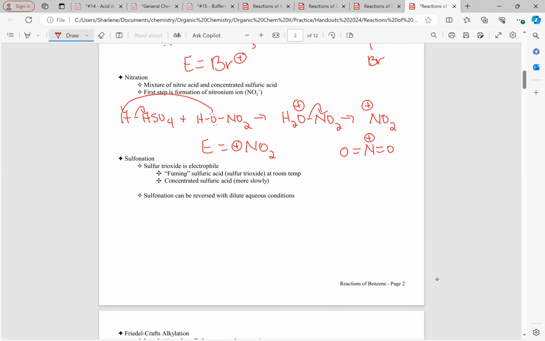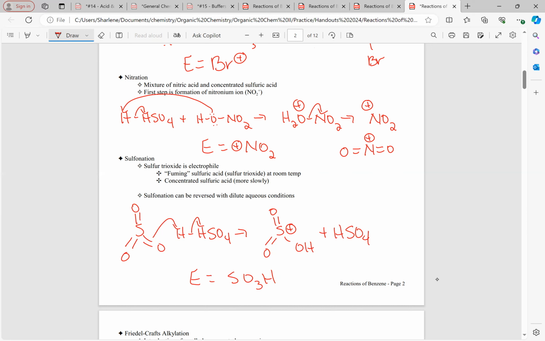All right. Now, sulfonation is a mix of something called sulfur trioxide and sulfuric acid, or it's called fuming sulfuric acid. All right. So sulfur trioxide plus my sulfuric acid. And this is the one that it sees.